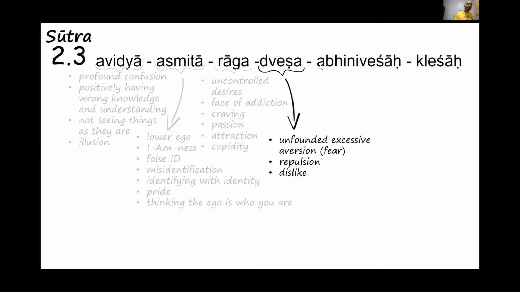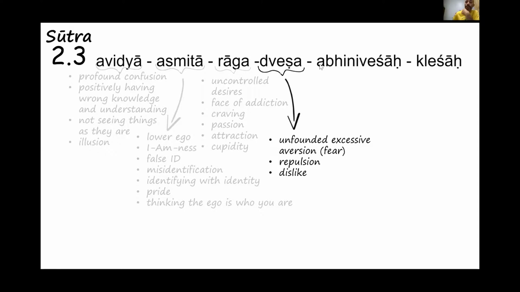And then we have dvesha. Dvesha is like not liking something. It's a dislike of something. It's an aversion that we might have to something, okay? We might avoid doing something or eating something or participating in something. We might avoid it just because. We might avoid a party because somebody's going to be there.